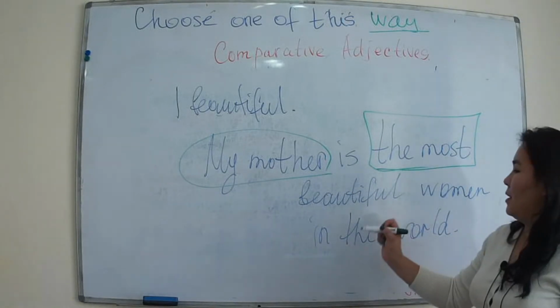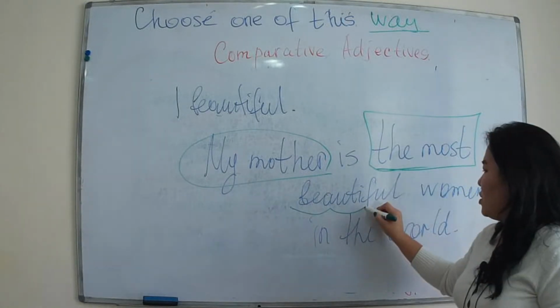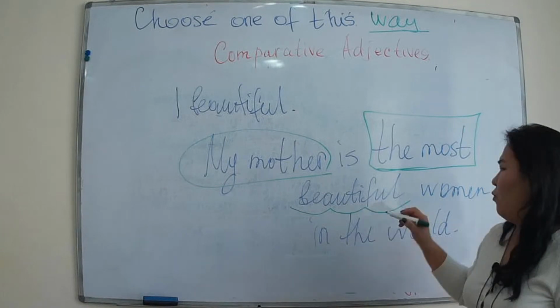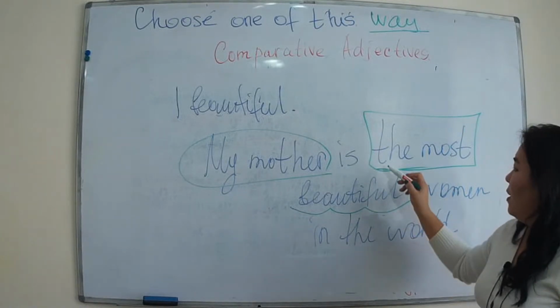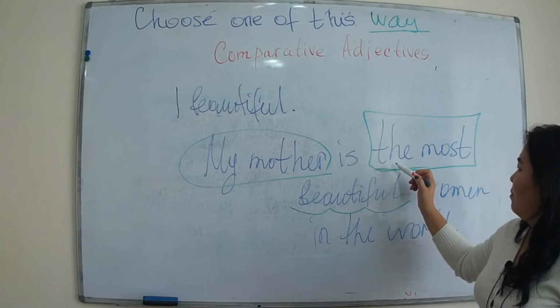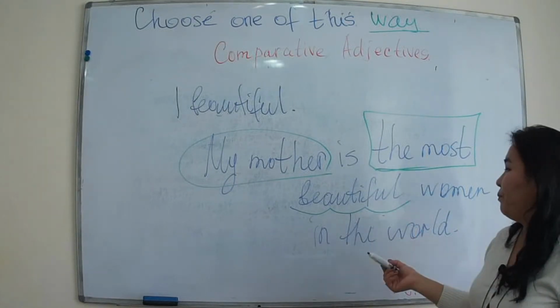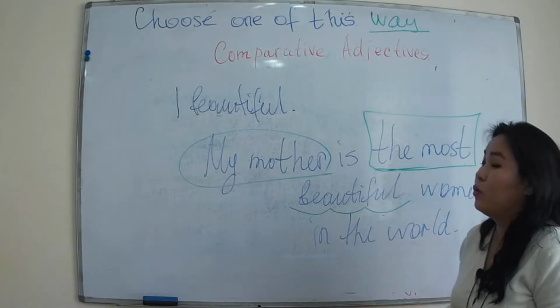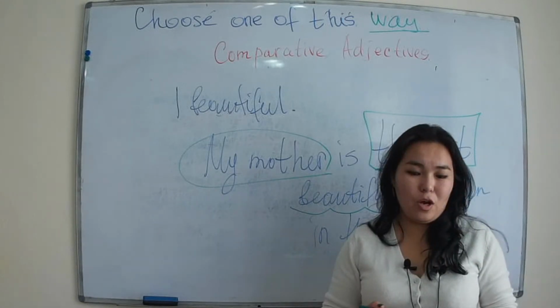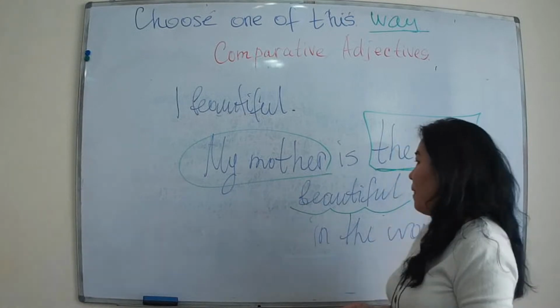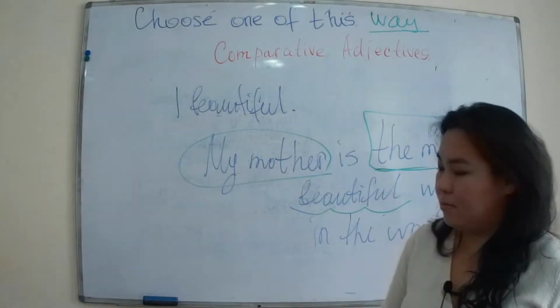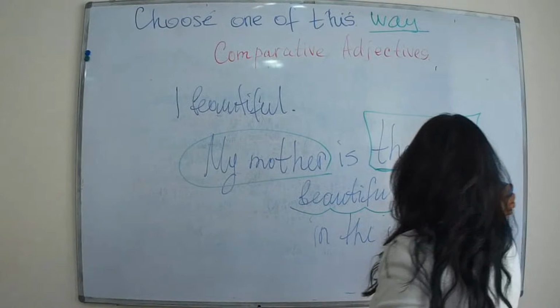And you see that here we use the adjective with 3 or 4 syllables, and that's why we use the helper the most in order to describe the beautifulness of our woman.